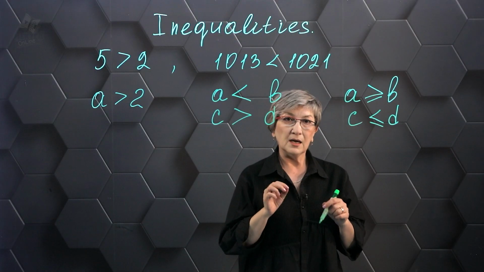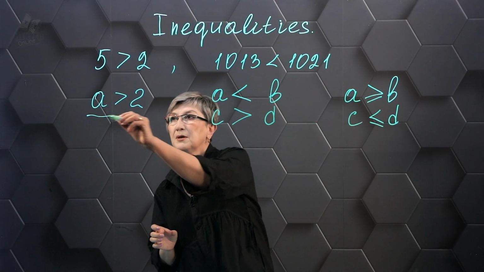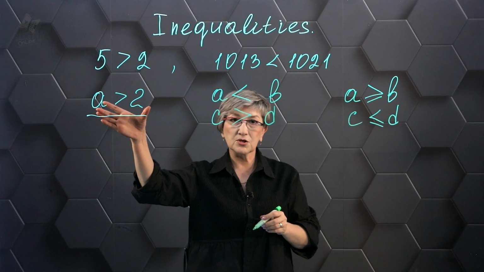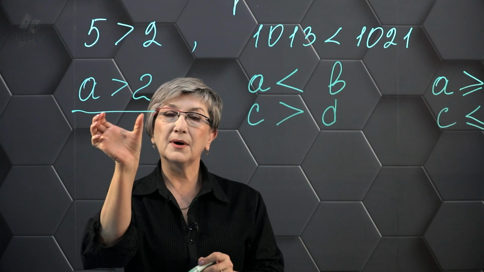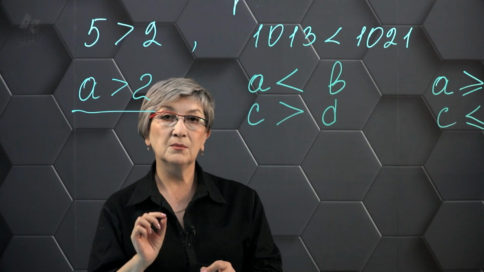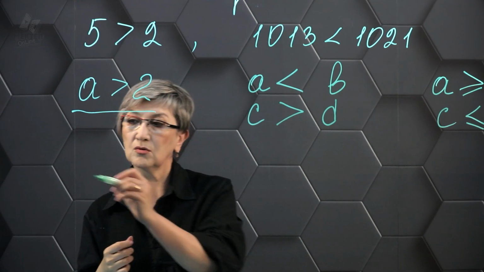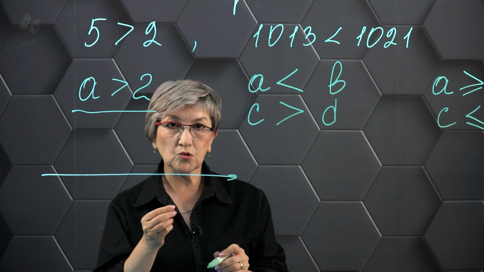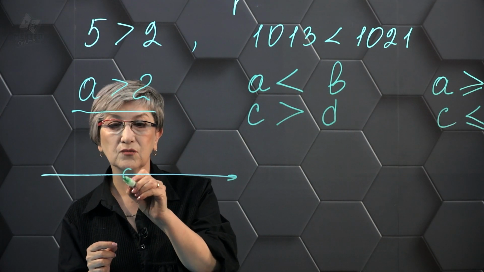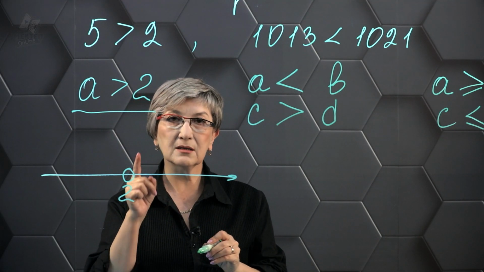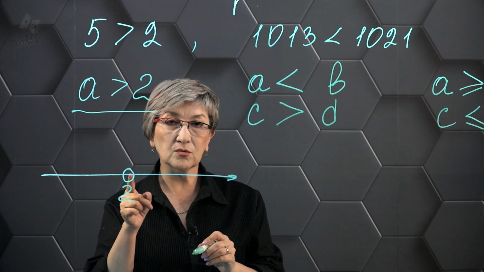Now we're going to turn to our example. We have the inequality a is greater than 2. Now let's show what this inequality stands for. To do this, we're going to use a coordinate line. On the coordinate line, I'm going to mark a point with a coordinate equal to 2. This is the point that represents the coordinate that equals 2.